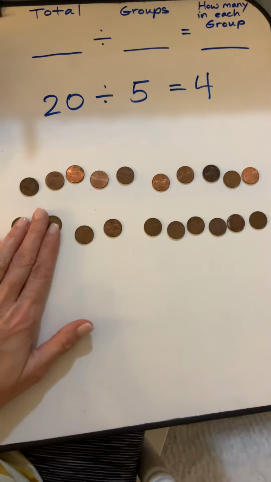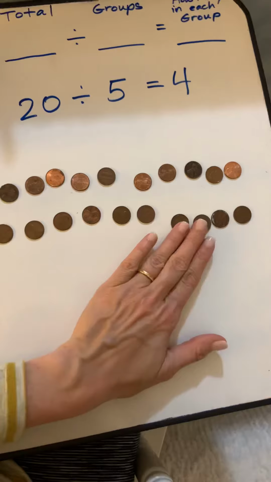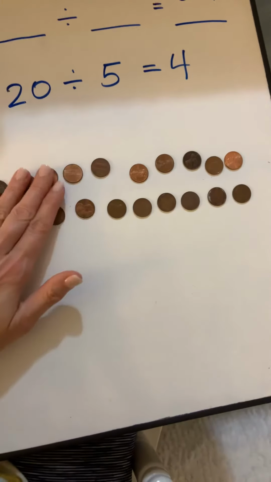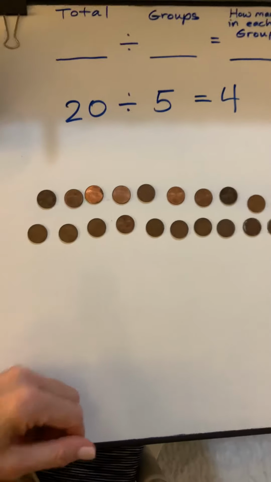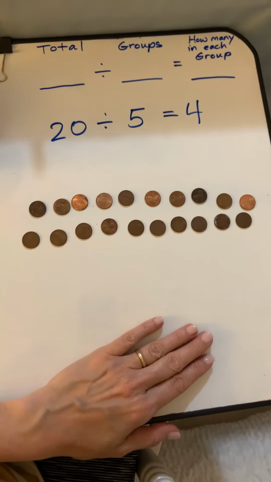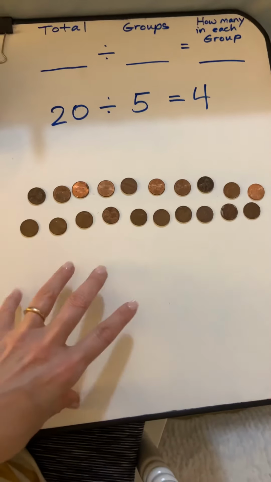So if I'm thinking there's 20 pennies altogether, I need them in groups of 5.